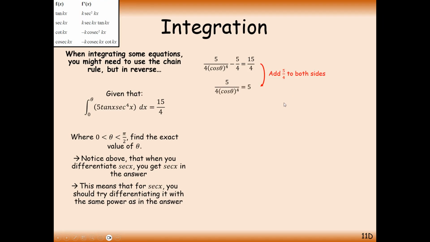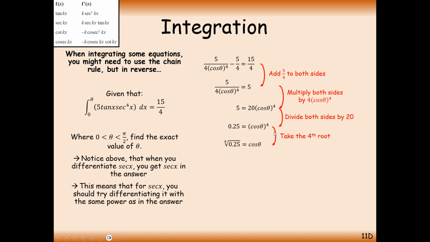Therefore, we multiply the 5 by 4 and divide it by 5, we'll have 1 over cos equal to, well, first of all, we can rewrite it like so, and 1 quarter equals cos to the power of 4, and take your fourth root of 0.25, and finally take the inverse cos.